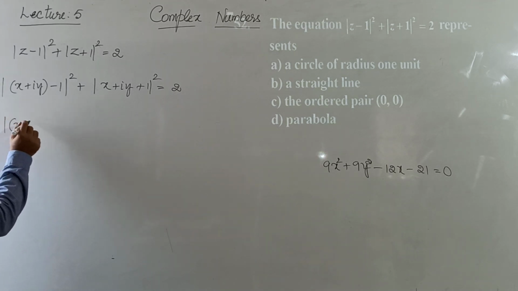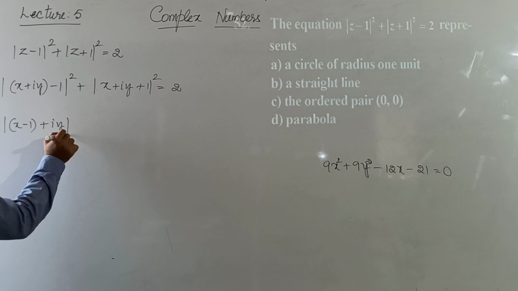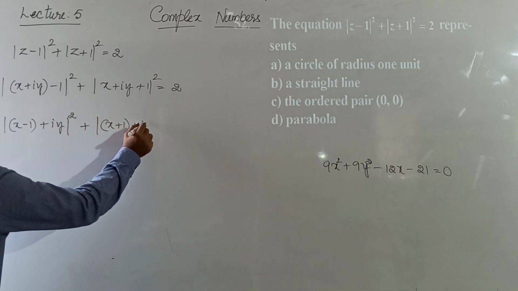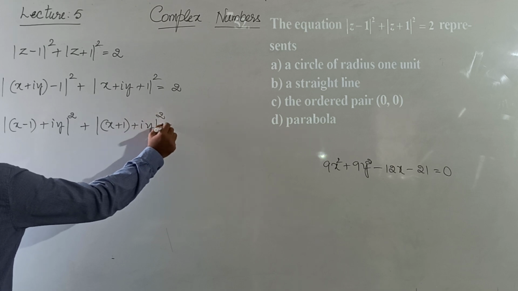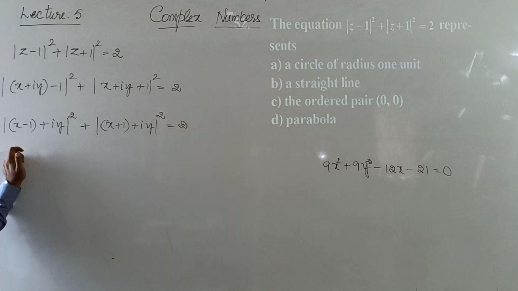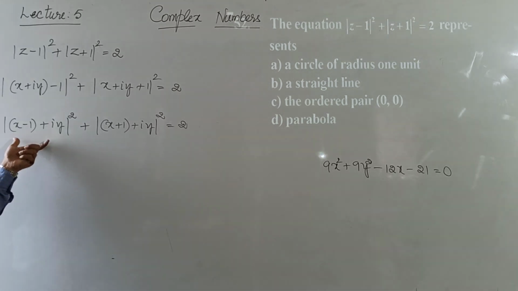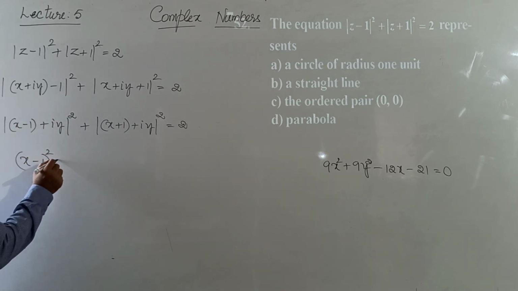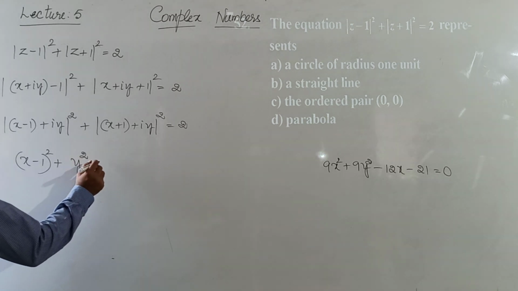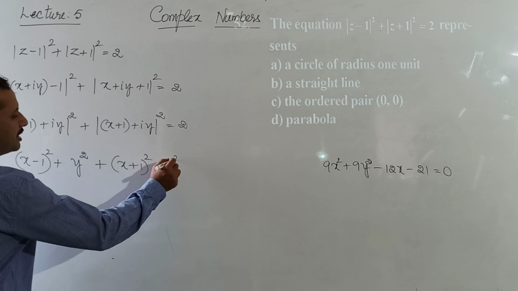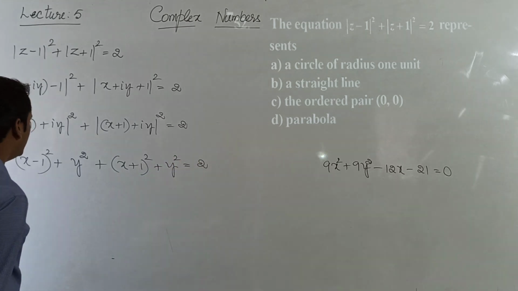So I can write this as x minus 1 plus iy whole square plus x plus 1 plus iy whole square is equal to 2. So modulus of x plus iy is root of x square plus y square. So here you get root of x minus 1 whole square plus y square. But whole square, so that root gets cancelled. You get x minus 1 whole square plus y square plus x plus 1 whole square plus y square is equal to 2.